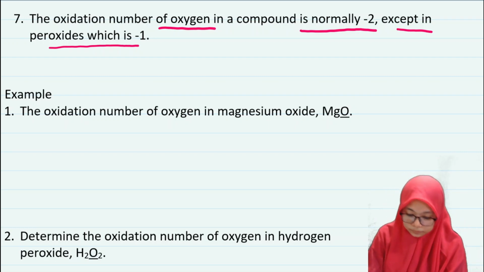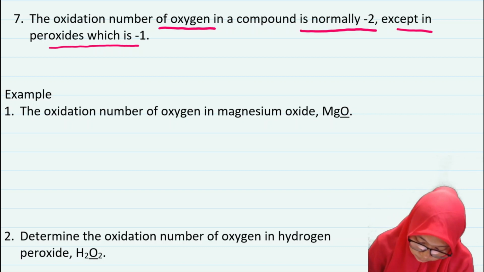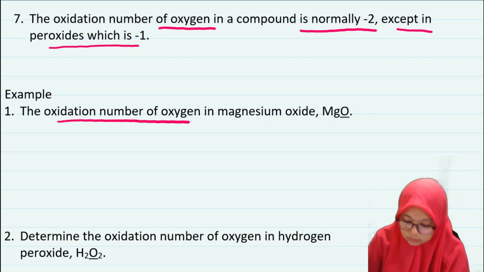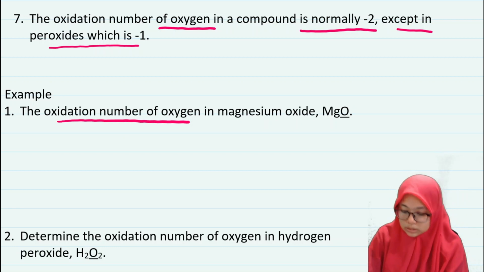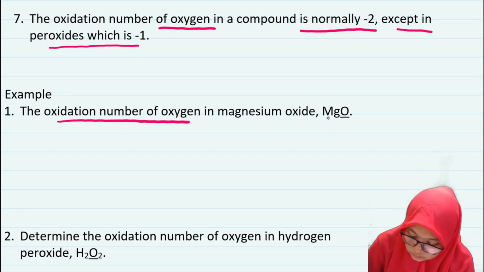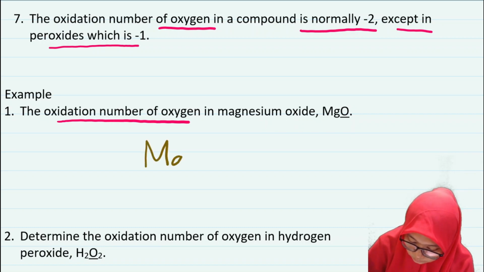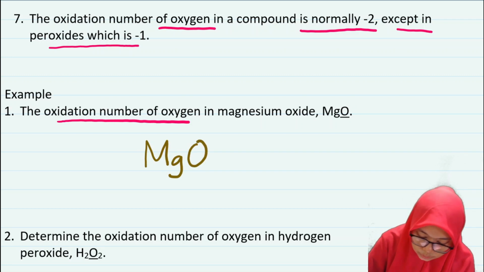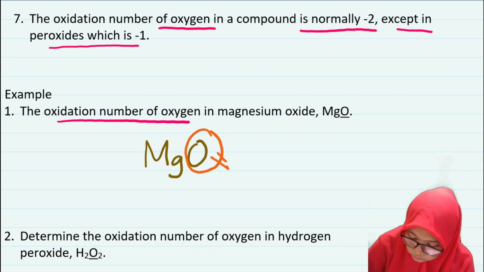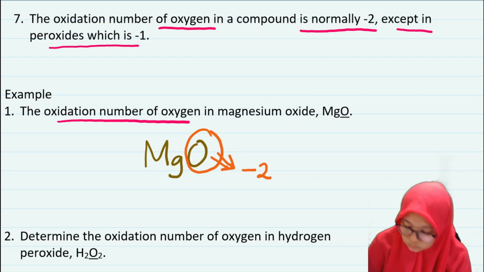Let's say for the first example, we want to find the oxidation number of oxygen in magnesium oxide. As you can see here, magnesium oxide has the formula MgO. Note that the oxygen here will always be negative 2.